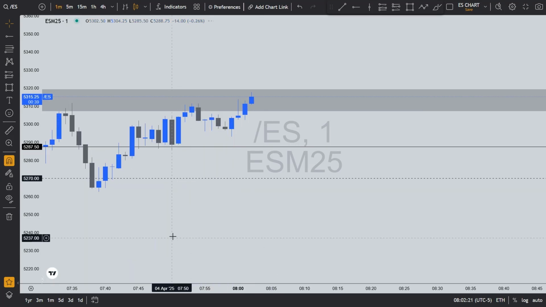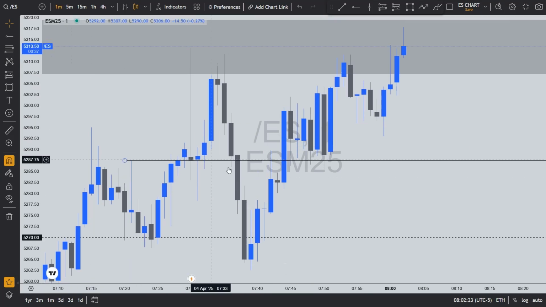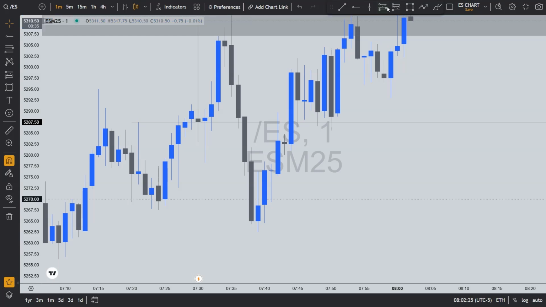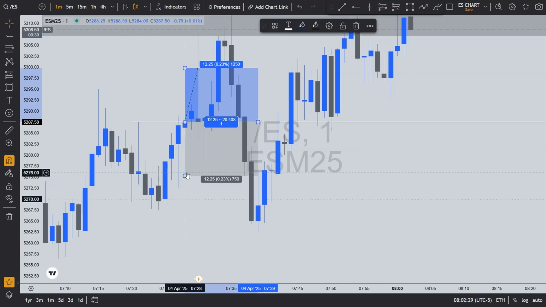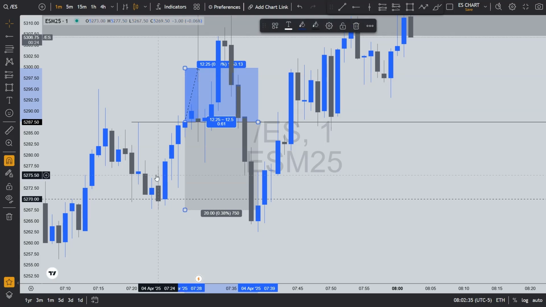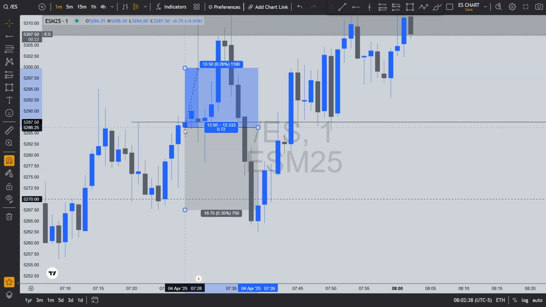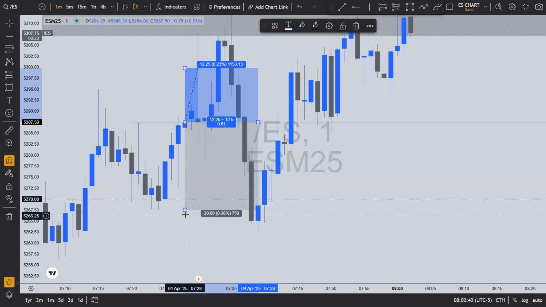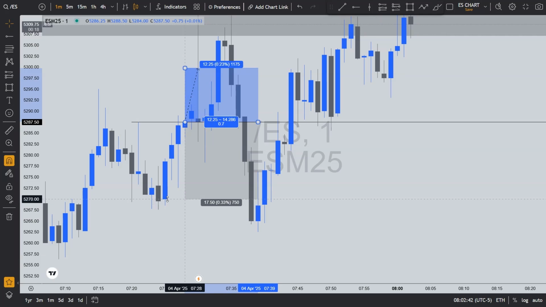We go to the 1 minute. So I was looking for a break of the candle, and my stop loss would have been 20 points. And this is below the price limit too, so I would probably put my stop loss here so my position doesn't get liquidated before then.